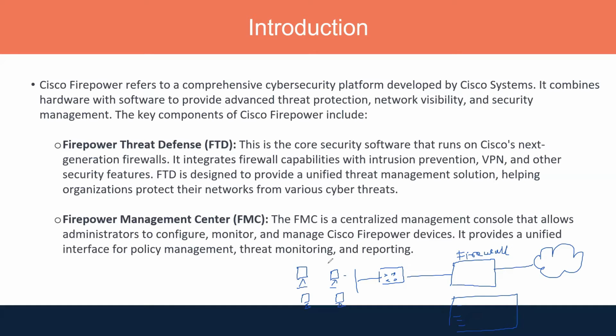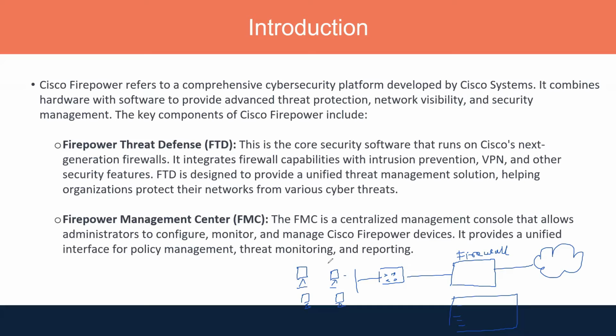Whatever rule you apply to allow traffic, that traffic would be allowed, and whatever you don't allow or explicitly deny, that traffic would be denied. Using the firewall, you can control the access of your network. That's a basic capability of the firewall, to filter the traffic.